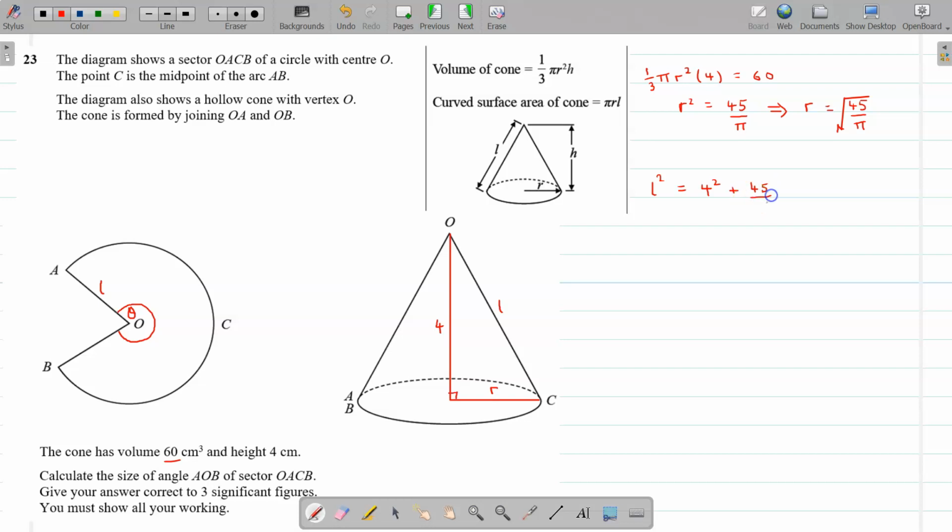So I'm now writing an expression for L. Well, that can be written as 16 plus 45 over pi. And I don't need to know what the value of this is. But what I need to know is that L itself is therefore the square root of 16 plus 45 over pi.